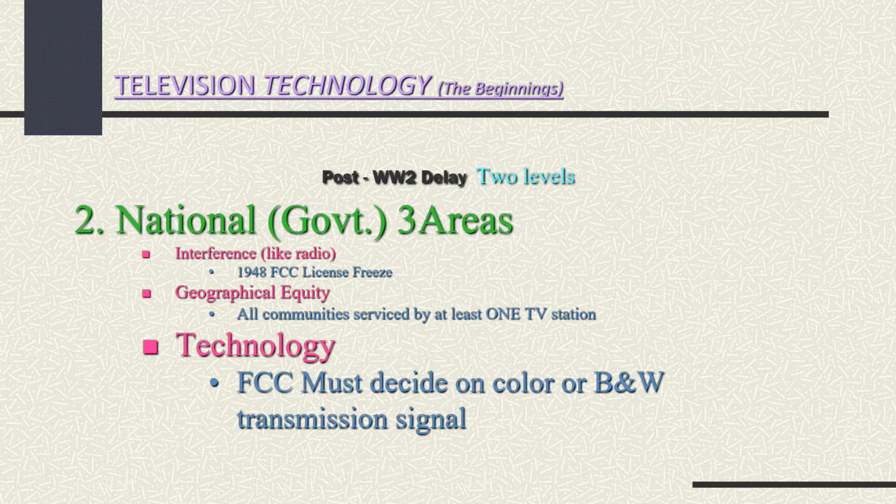Through the war and through a couple of years in the post-war, color signals had been more highly developed, consequently had become more stable. And so the question for the FCC was, do we stick with just black and white generated image technology, or can color image technology be transmitted as well?